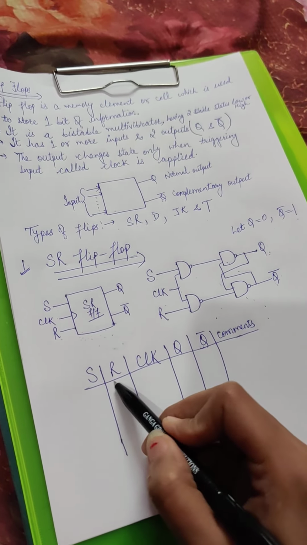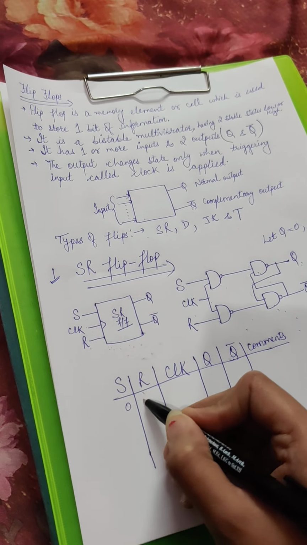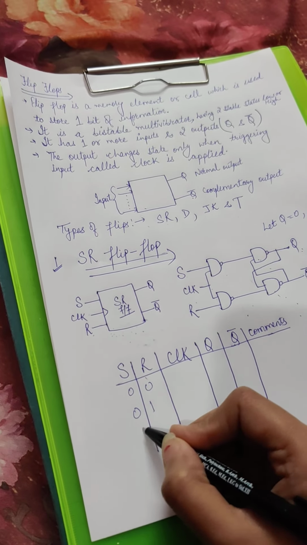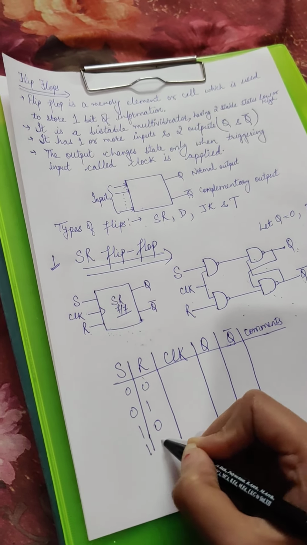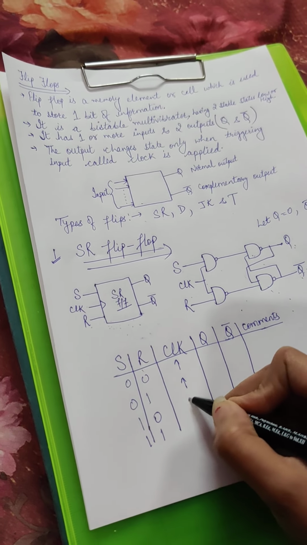There are 2 inputs S and R. So we have 4 values, that is 0 0, 0 1, 1 0 and 1 1. Clock is always high, that means 1.